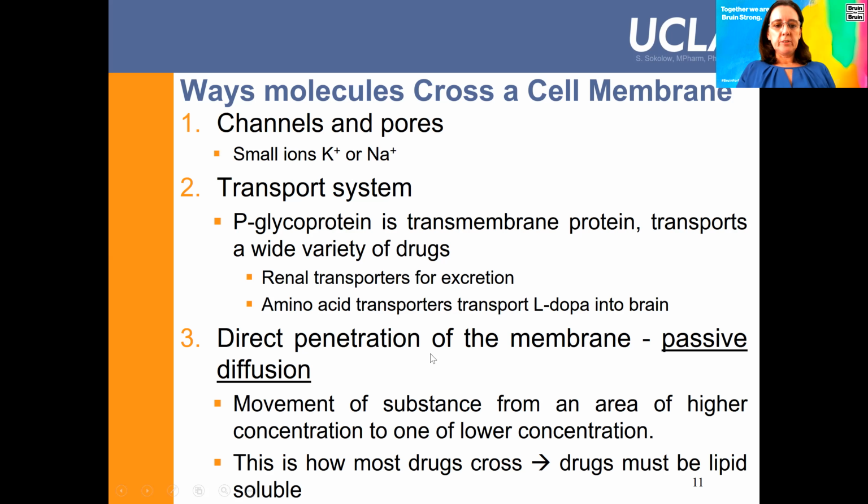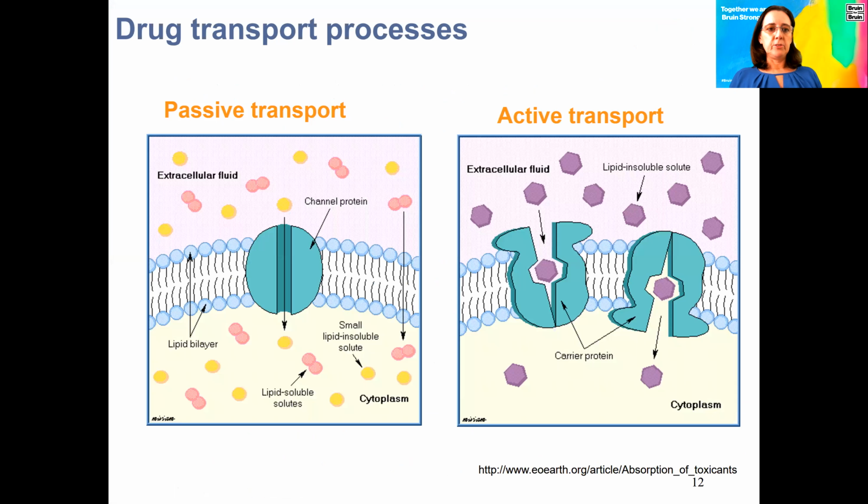But the most common way of penetration of the membrane is direct penetration, the passive diffusion. This is a movement of a substance from an area of higher concentration to one of lower concentration. So going from the GI tract through the membrane to the cell lining of your gut into the bloodstream, where you don't have a lot of that molecule yet, it's just going to diffuse by passive diffusion.